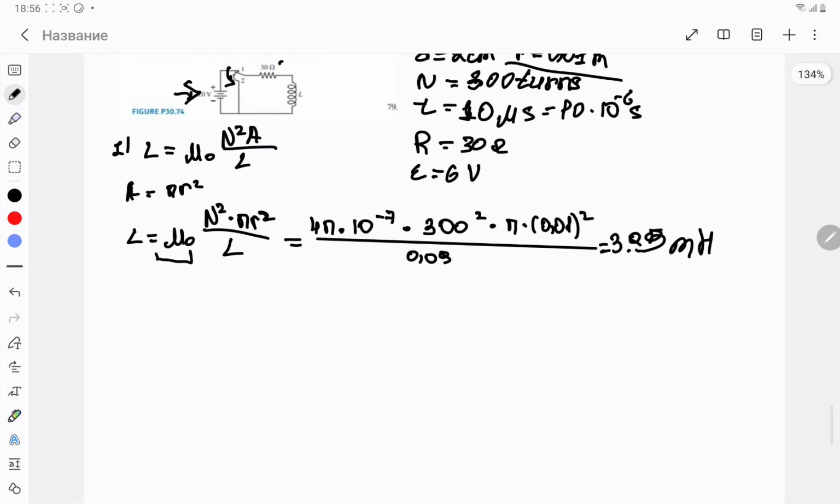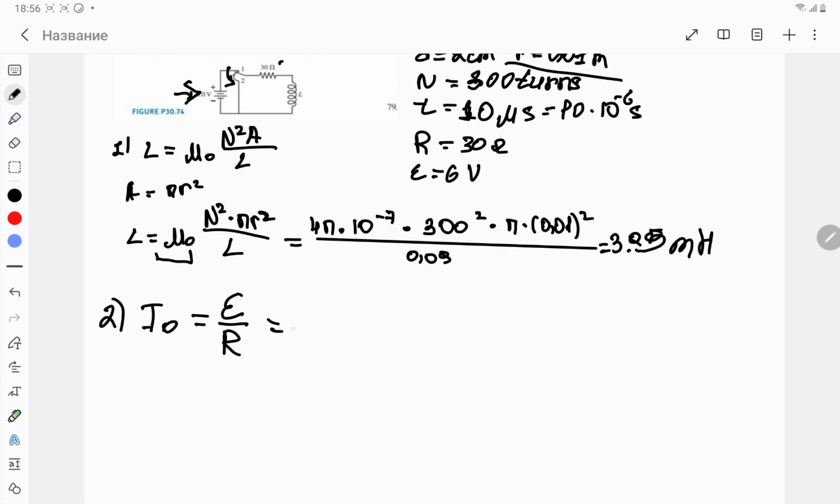Okay, we already defined the inductance. So the next step is the initial current before the switch is flipped. So we need to find the initial current. We can find this by this formula. I think you all know about this formula.